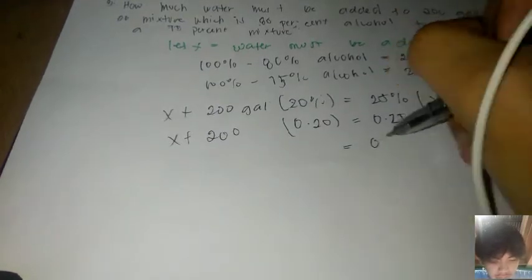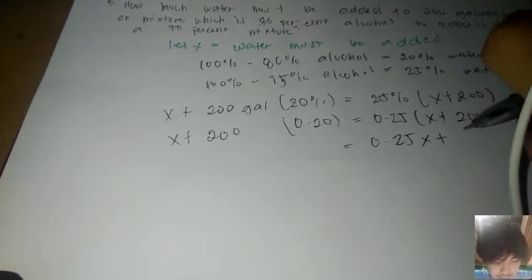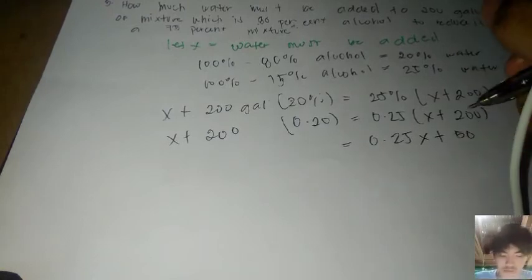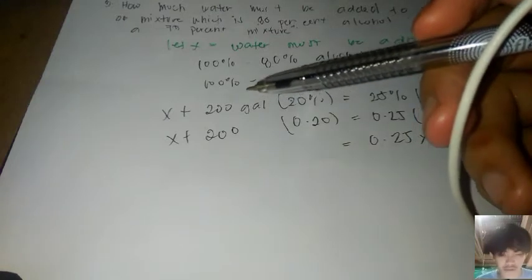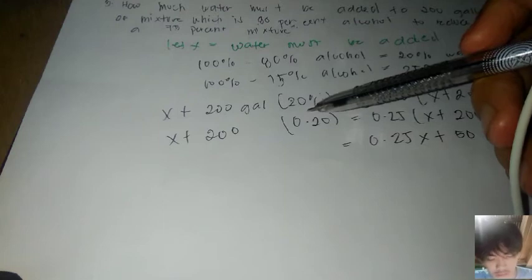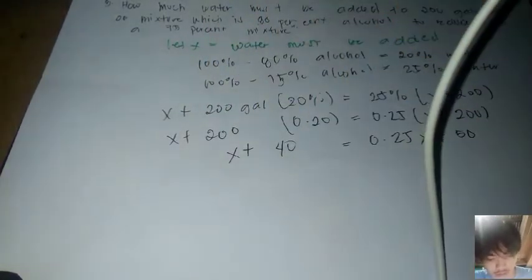So we have 0.25x plus, let's multiply the 0.25 by 200, so we have 50. And then to the left side, we have 200, let's multiply it by 0.20 or 0.2. So we have here the 40, let's copy the x plus.